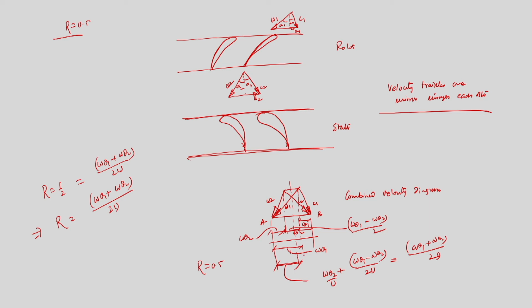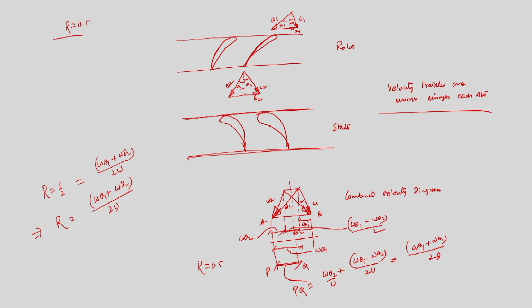Made dimensionless by u, it is w theta 2 by u plus the small quantity (w theta 1 minus w theta 2) by twice u, which is (w theta 1 plus w theta 2) by twice u, equal to r is equal to half, that is w theta 1 plus w theta 2 is equal to 1.